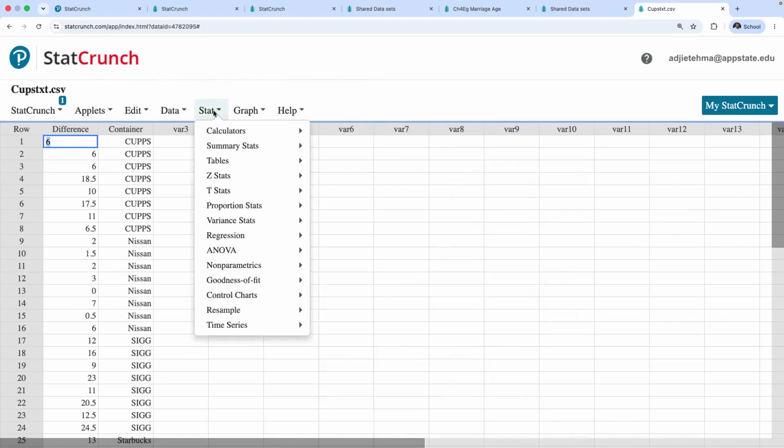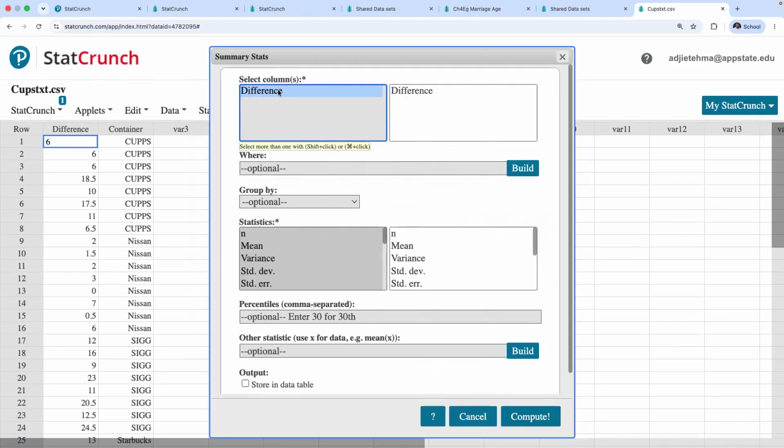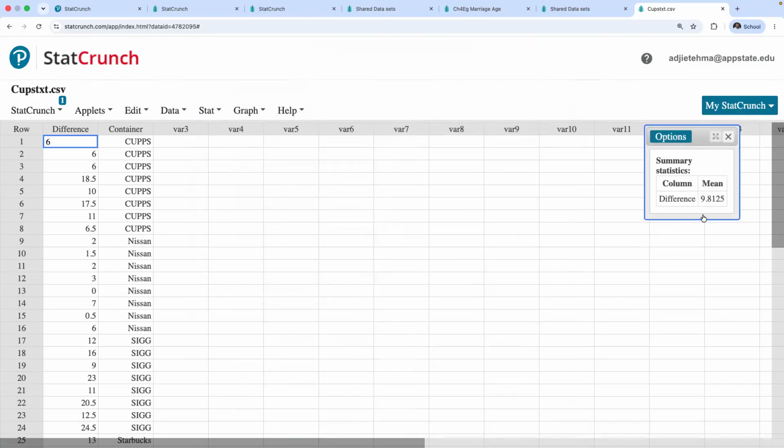So I know most of you might do summary stats, columns, just do this. And then let's try to say maybe the mean. You see, when you do this, we don't know which is for which cup. Is that okay?